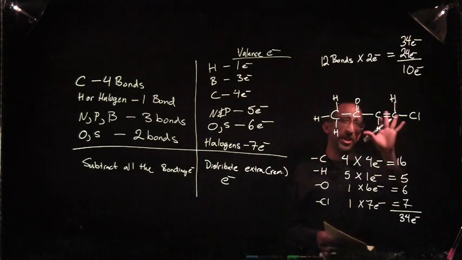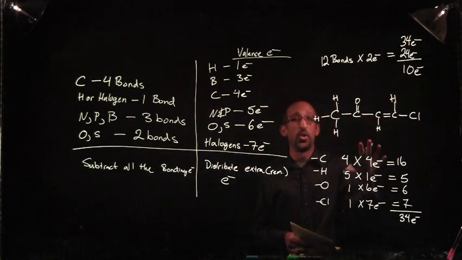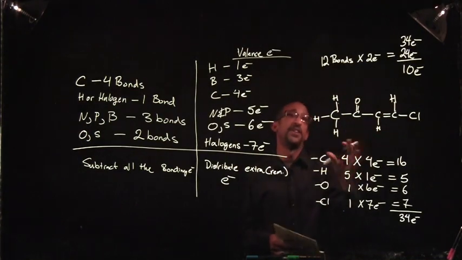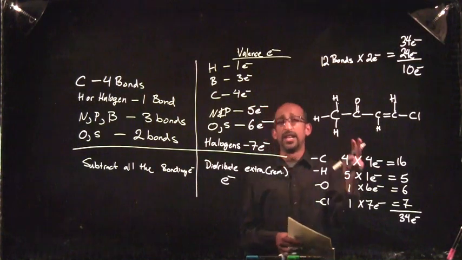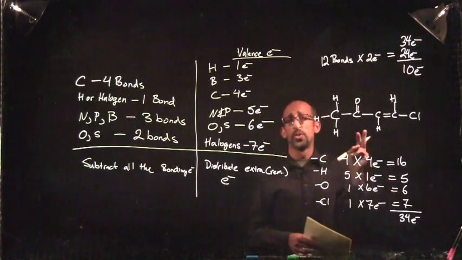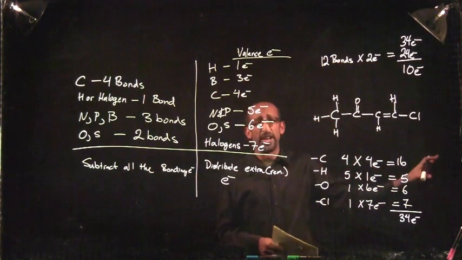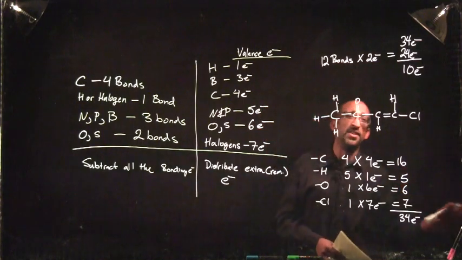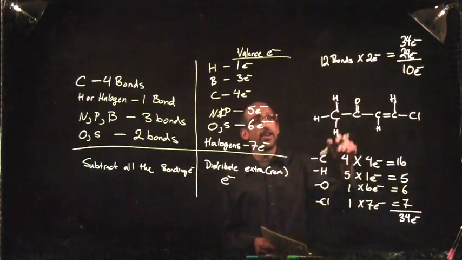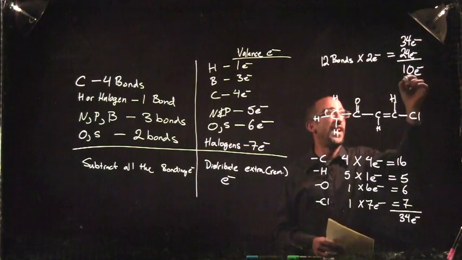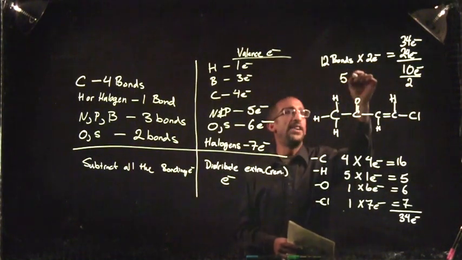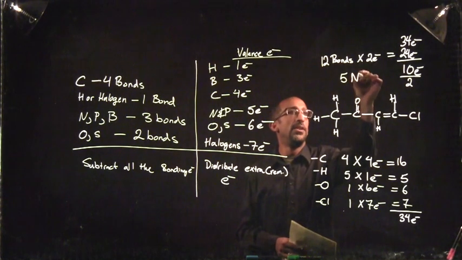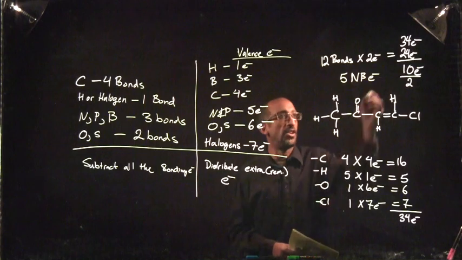That comes down to 5 lone pairs, or 5 non-bonding pairs of electrons. We always want electrons in pairs unless we're doing radical chemistry, which we won't see until the very end, or nearly the very end of this semester. And so all of our electrons need to be paired, so we're going to divide this number by 2, which gives us 5 non-bonding pairs of electrons.